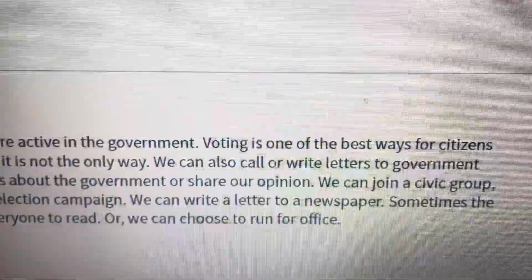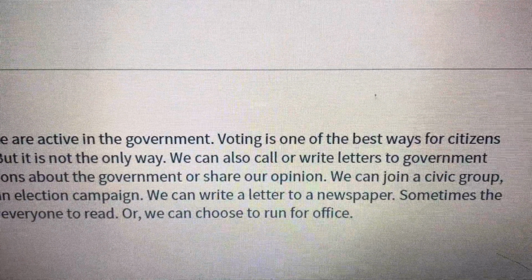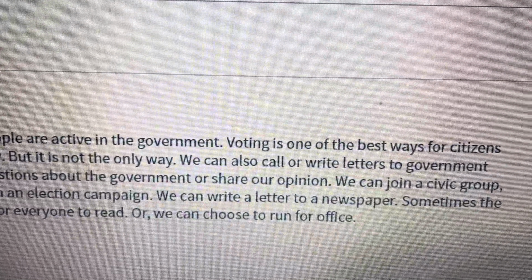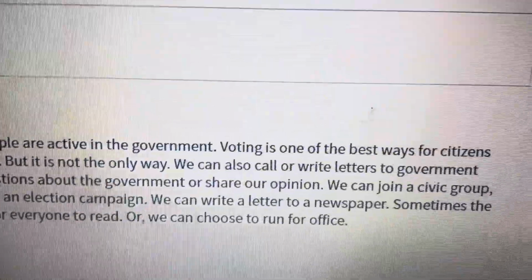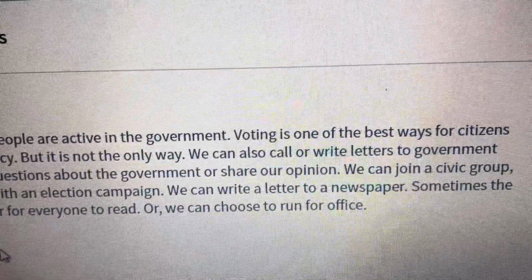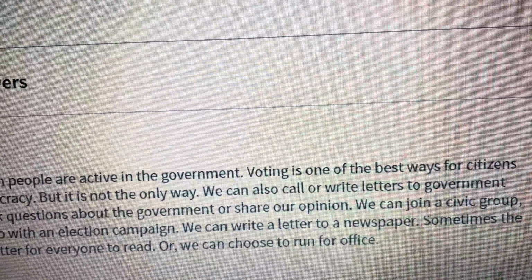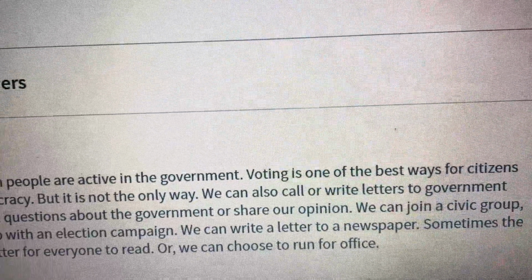So this is it. Since there is no multiple choice anymore like they used to do last year, this year they're asking only for the right answer, so it's easy. So what are the two ways that Americans can participate in their democracy?